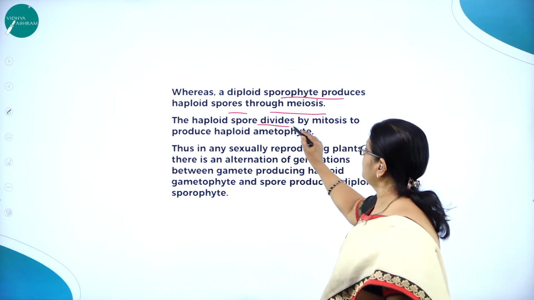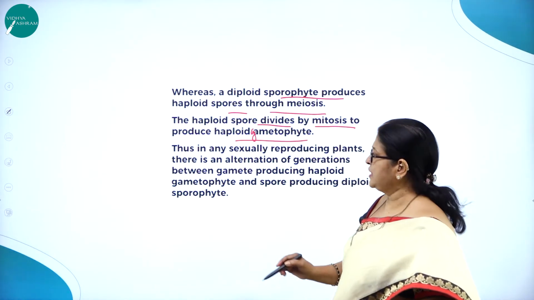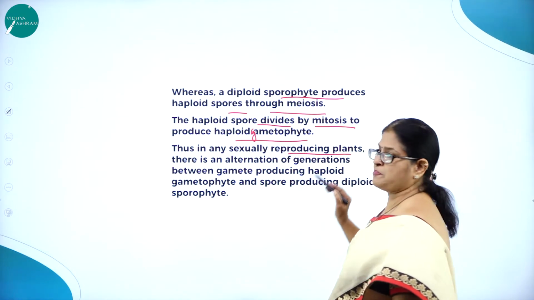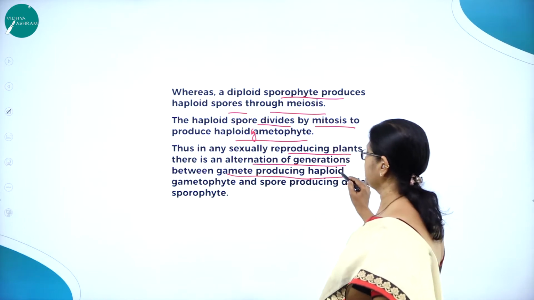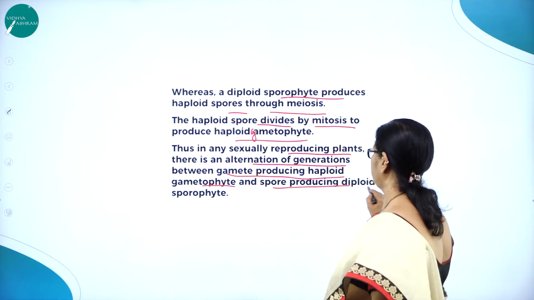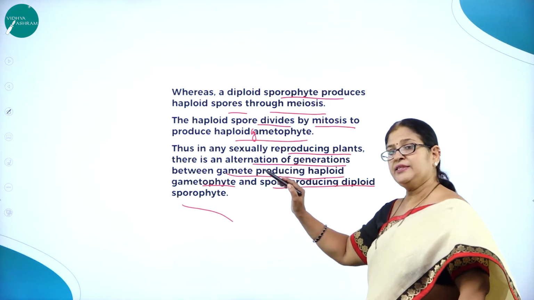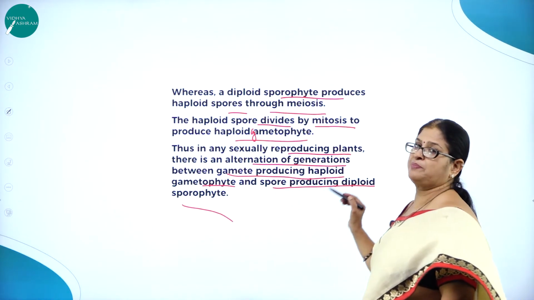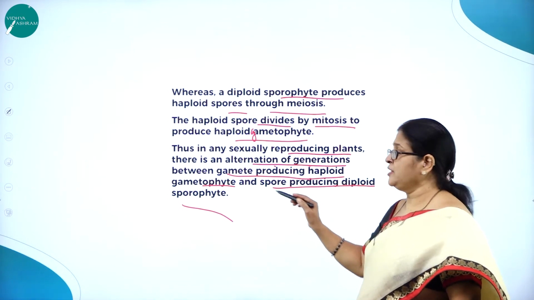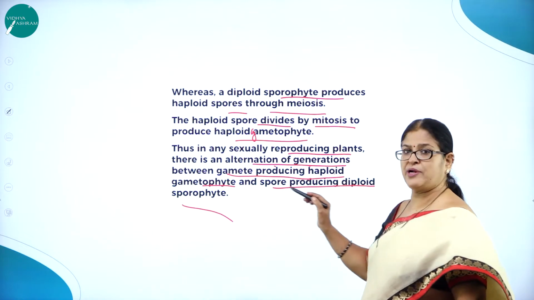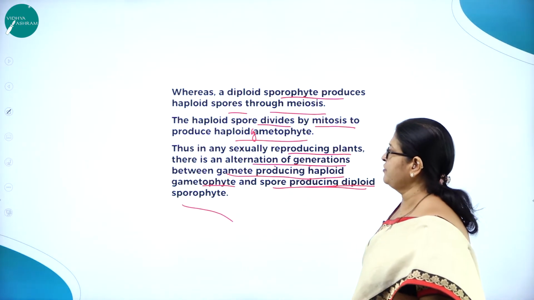The haploid spore divides by mitosis to produce a haploid gametophyte. Thus, in any sexually reproducing plants like angiosperms, there is an alternation of generation between the gamete-producing haploid gametophyte and the spore-producing diploid sporophyte.